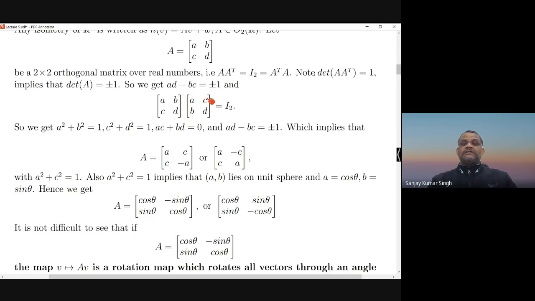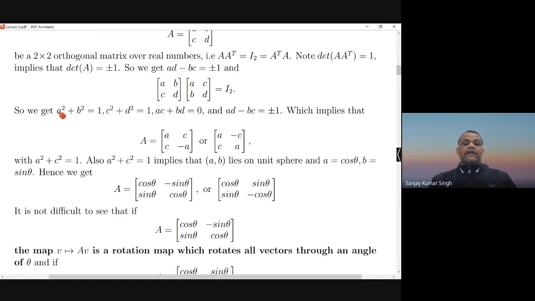If you solve this, you will get a square plus b square equal to 1, c square plus d square equal to 1, ac plus bd equal to 0, and already you have the determinant ad minus bc equal to plus or minus 1. Which implies that A can be written in this form. So any 2 cross 2 orthogonal matrix has two possible forms.